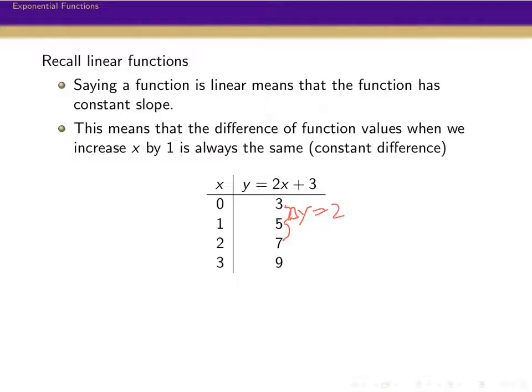What's the difference between 5 and 7? y has changed by 2. What's the difference between 7 and 9? y has changed by 2. And for all of these, delta x is equal to 1. So what's the slope of this function? 2 divided by 1 gives me 2.